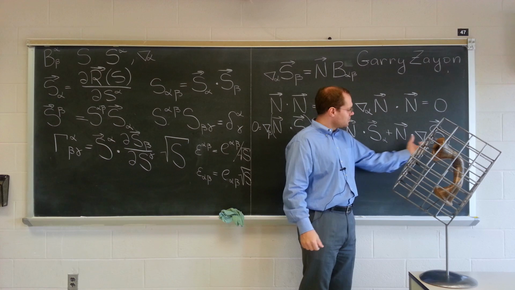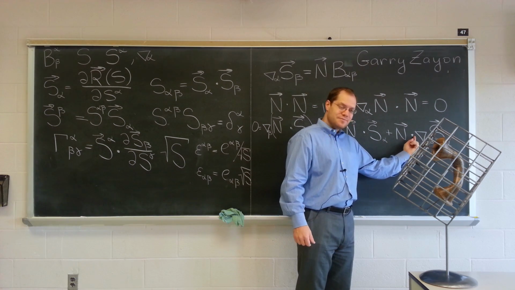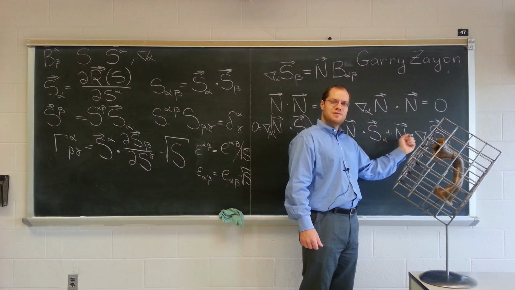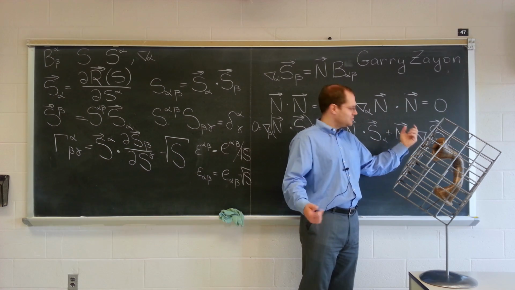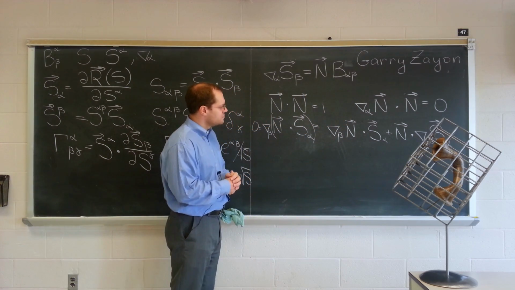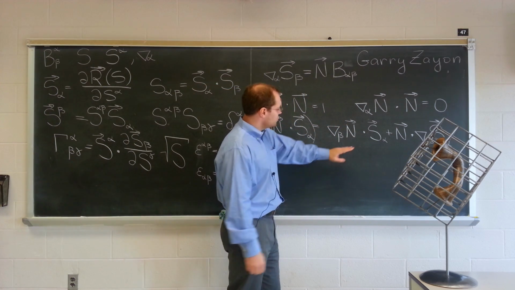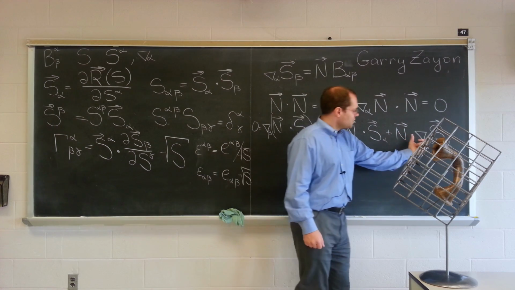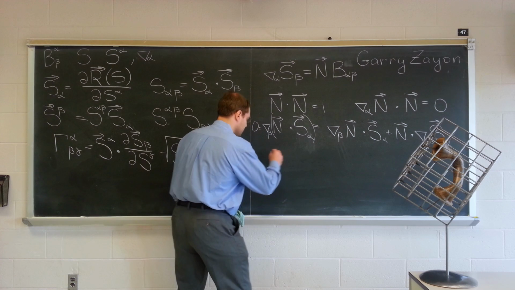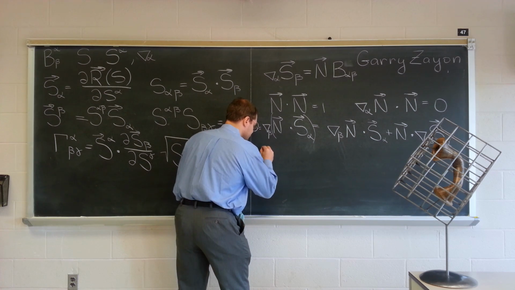So this will be the normal dotted with the normal times B alpha beta. Of course, the normal dotted with the normal is just 1, so this is B alpha beta. And this is what it is. So let's actually bring B alpha beta to the left-hand side. So we have this expression.